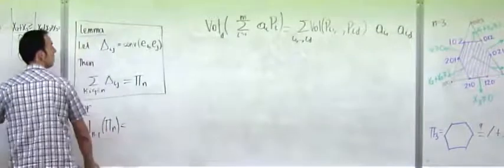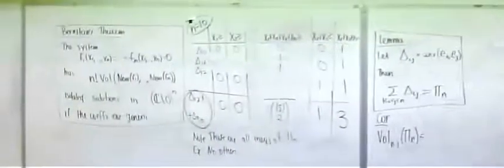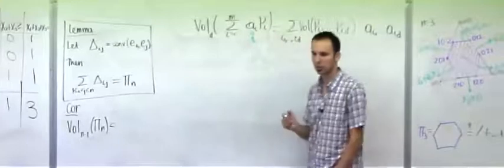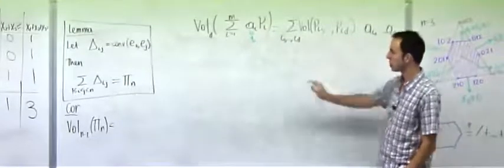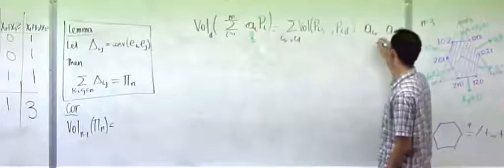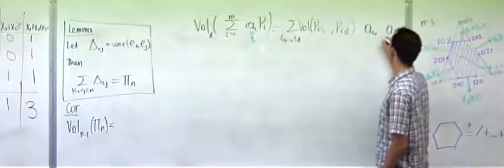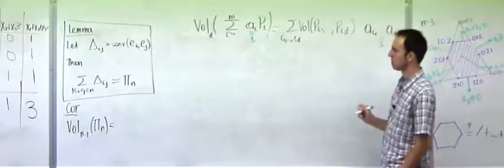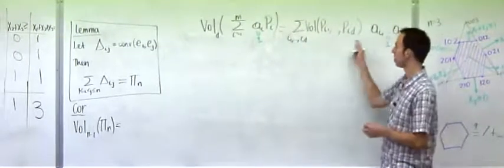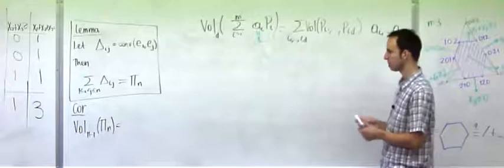So what I'm asking you to do now is to take all of these a_i's and set them equal to 1. Okay? So when you set those equal to 1, then you get the volume of the Minkowski sum. And in that case, all of this stuff is equal to 1. So then what I get is just the sum of the mixed volumes of every possible d tuple. Okay.